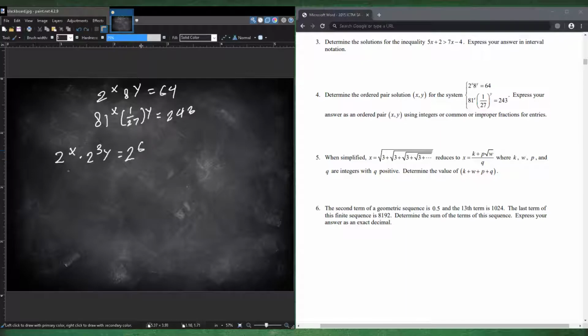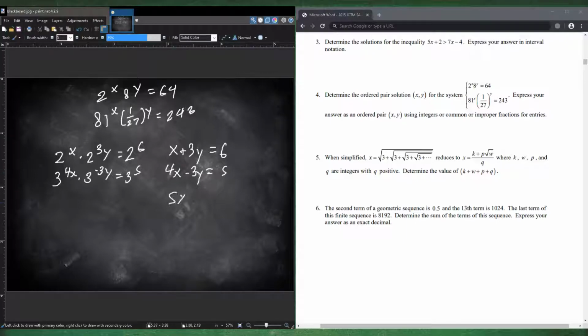And this one's the same thing, so 3 to the 4x, and that's negative 3, so then negative 3y, and this one is to the 5. So x plus 3y equals 6, and 4x minus 3y equals 5.